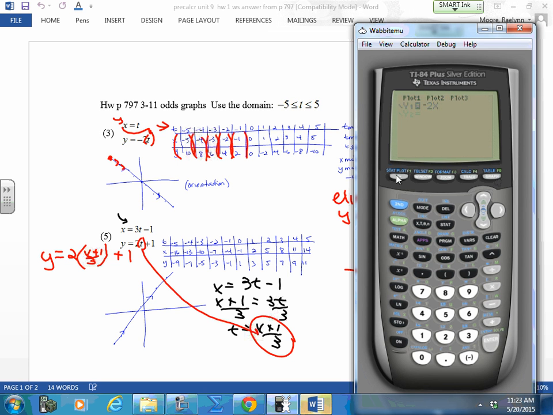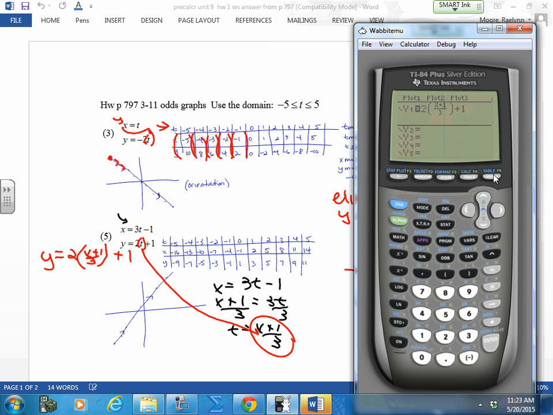You can come to your y equals, you can put it in just like you read it. If you don't use your fraction bar key, you're going to need a separate set of parentheses, so I'll use my fraction bar. The fraction bar wasn't working before. Seems to be working now.